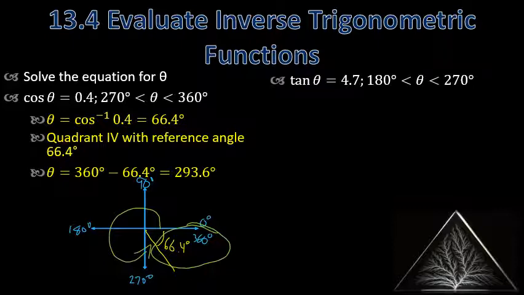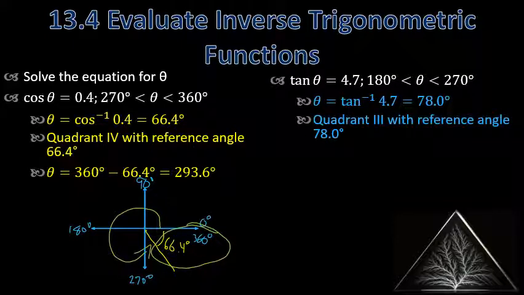Let's try another one. Tangent of theta is 4.7, and I want the angle between 180 and 270 degrees. So I do inverse tangent of 4.7, and my calculator says that's 78.0 degrees. Well, that should be in quadrant 3, because it needs to be between 180 and 270.